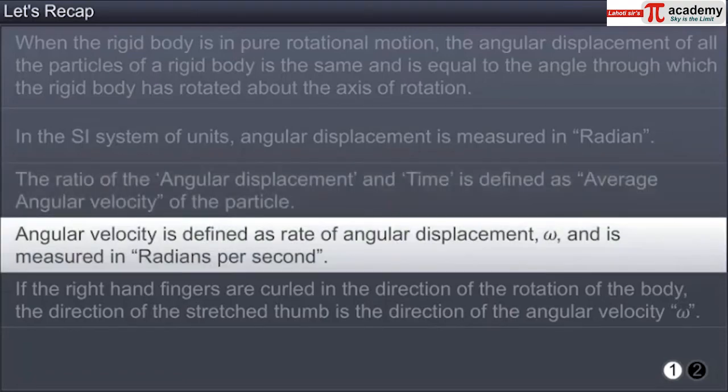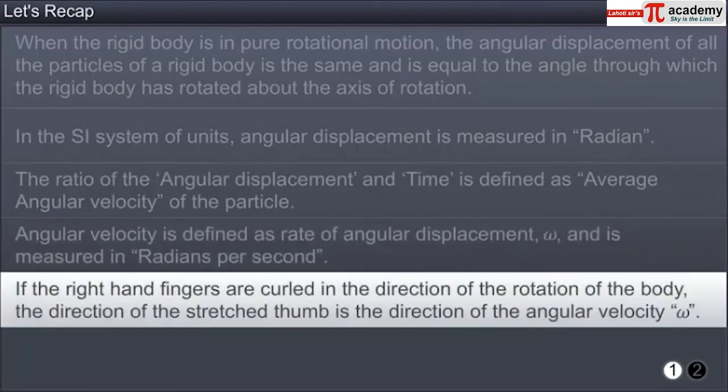Angular velocity is defined as the rate of angular displacement, omega, and is measured in radians per second. If the right hand's fingers are curled in the direction of the rotation of the body, the direction of the stretched thumb is the direction of the angular velocity, omega.